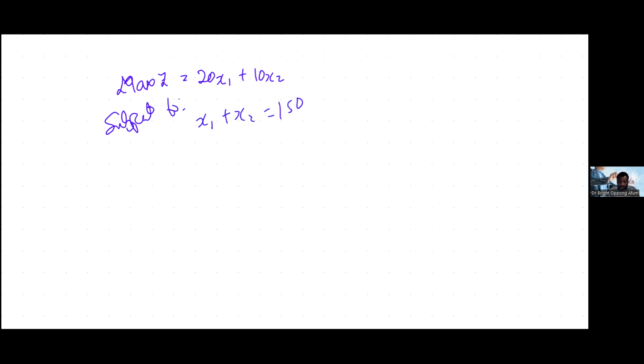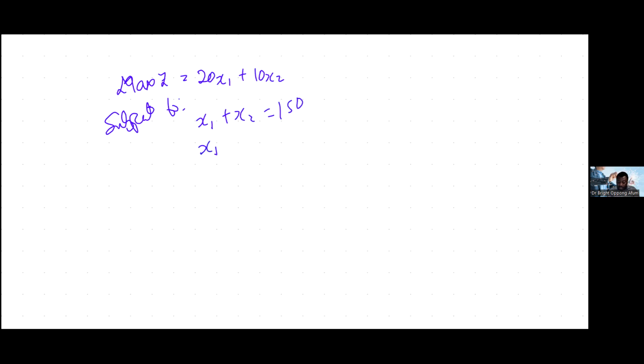All right, so the problem we have here is to maximize a function z, and the function is 20x1 plus 10x2, right? And this function is subject to x1 plus x2 equal to 150.